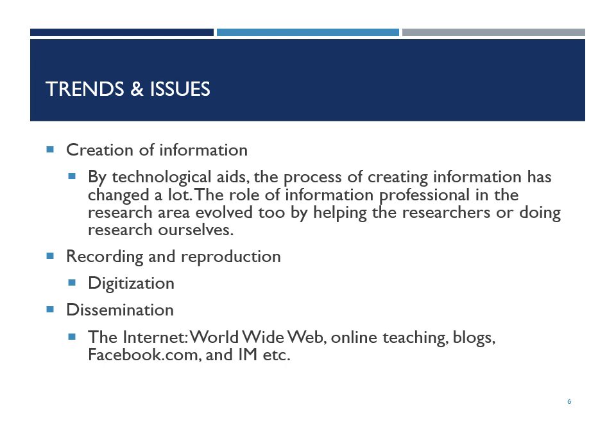For dissemination, it has been influenced a lot by technologies, such as the internet, like the World Wide Web, Web 2.0 or 3.0, blogs, web communities like Facebook, and instant messaging.